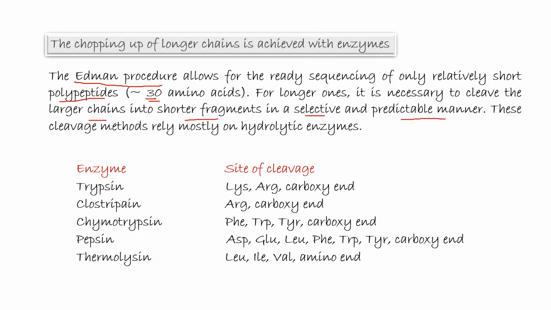This cleavage method relies mostly on hydrolytic enzymes such as trypsin, which hydrolyzes lysine and arginine from the carboxy end. Clostripain hydrolyzes arginine, again from the carboxy end. And here thermolysin hydrolyzes leucine, isoleucine, valine from the amino end.